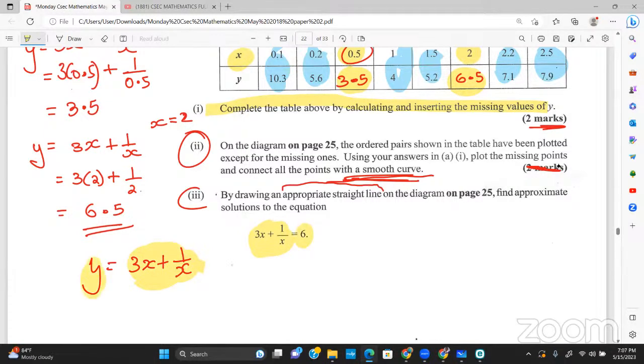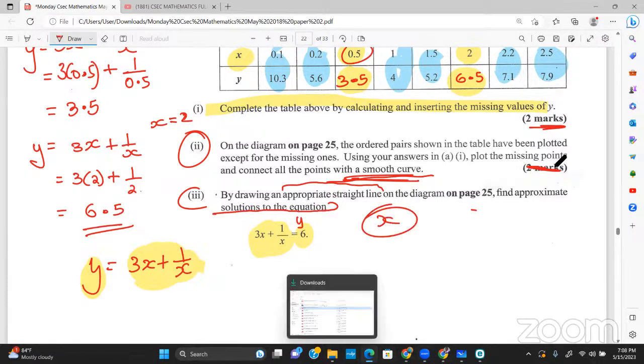In other words, they are saying to you, go on your y-axis, because the 6 took the place of the y, and see where 6 is. Run a line through it and see what values we get. Solutions will be the x values coming from that, right?